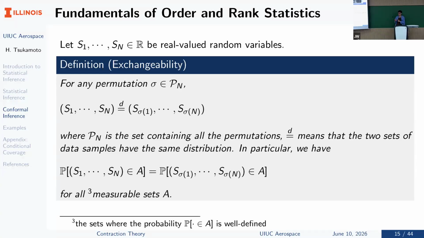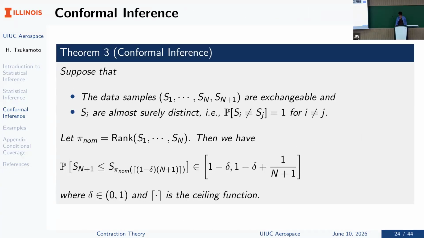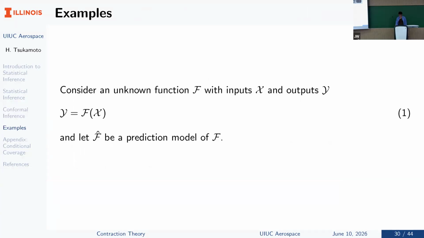But based on this exchangeability assumption, we can get a nice guarantee, which is this. Let me just move on to the intuitive explanation. Let's say you have some approximator given x. So f is some unknown function, for example, your stock price phenomena, and you have a neural network f hat that approximates the stock based on something.